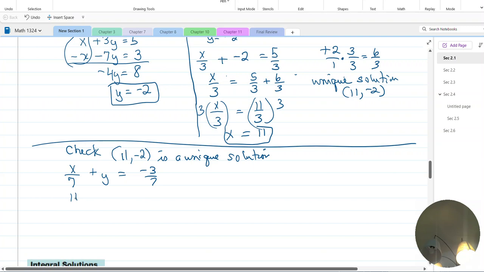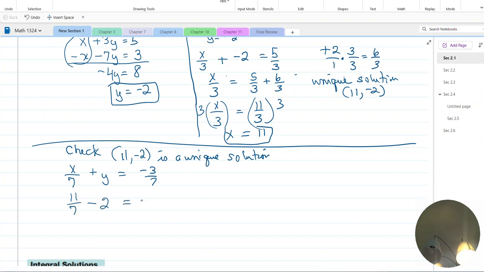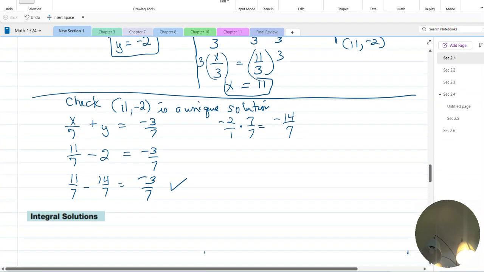So I'm going to have 11/7 minus 2 equals a negative 3/7. Well, a negative 2 over 1, and we're doing 7 over 7 to make an equivalent fraction, is a negative 14 over 7. 11/7 minus 14/7 equals negative 3/7, and that is true. So it is a unique solution.